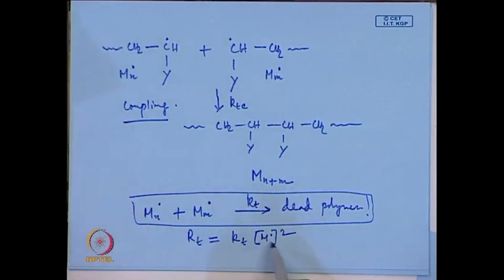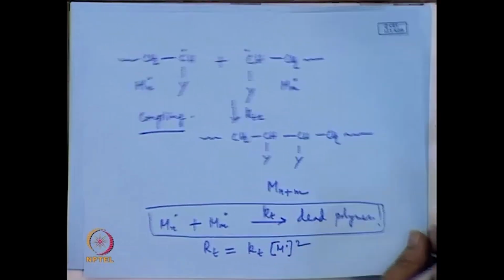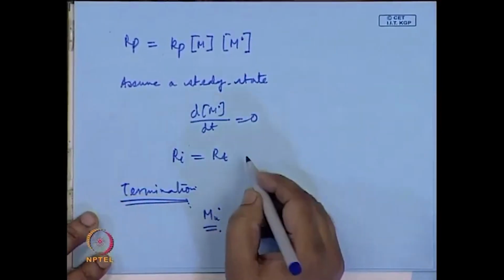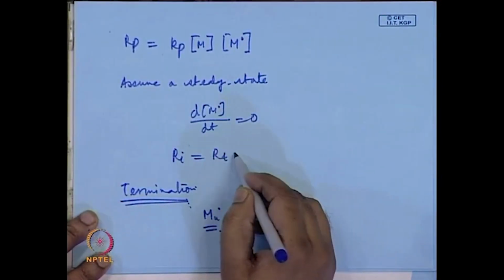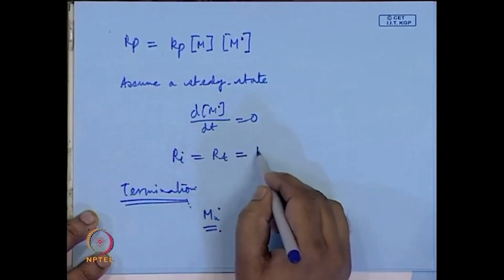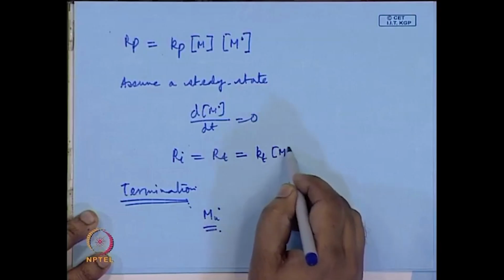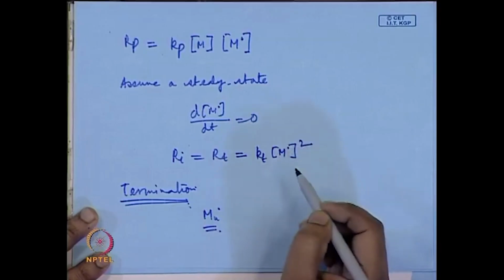Here M dot is again the summation of the concentration of all the propagating radicals. So, the rate of termination is Kt multiplied by M dot square.